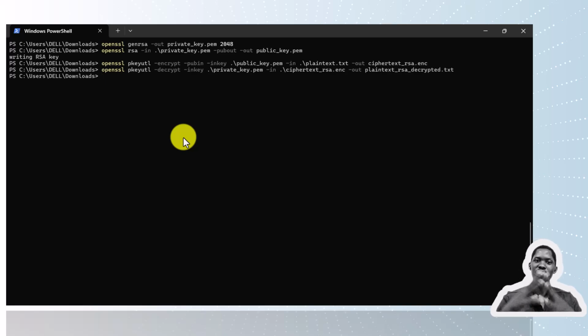So if the file is bigger than the key, you would not be able to encrypt it with the key. It won't work, right? The file has to be smaller or the same size as the key when it comes to RSA. But that does not matter when it comes to AES. AES can encrypt as big a file as possible.